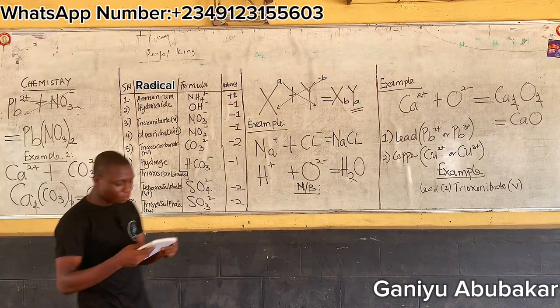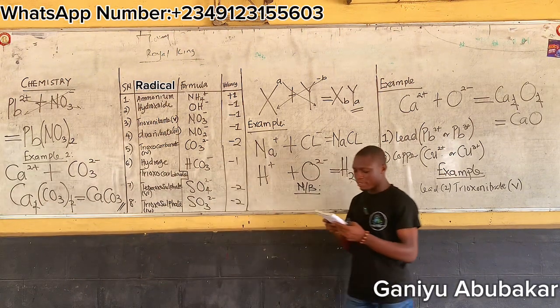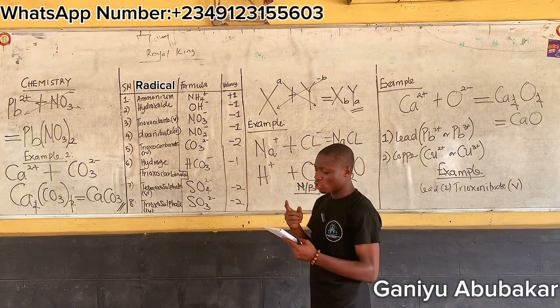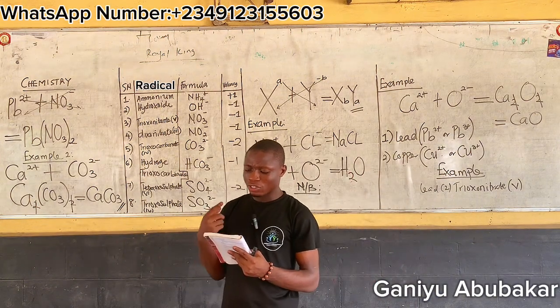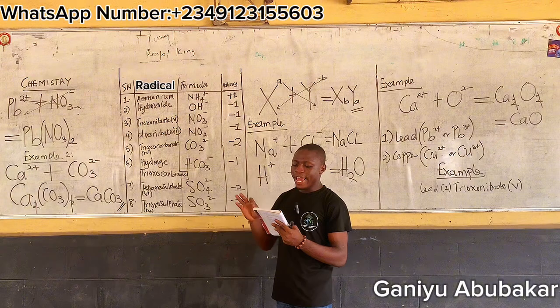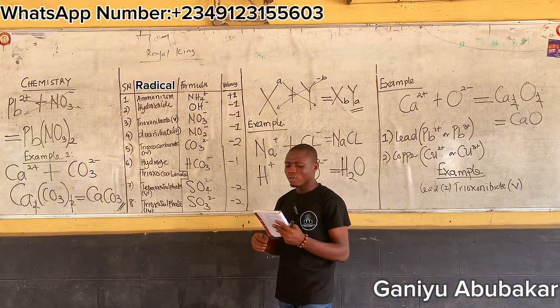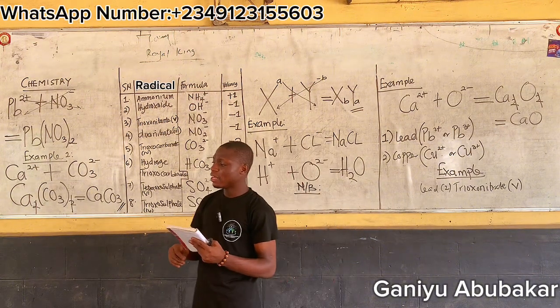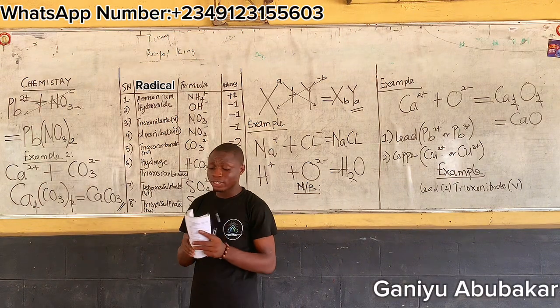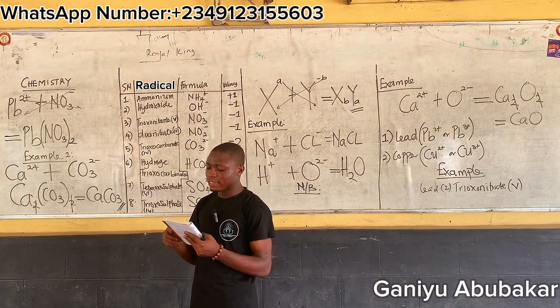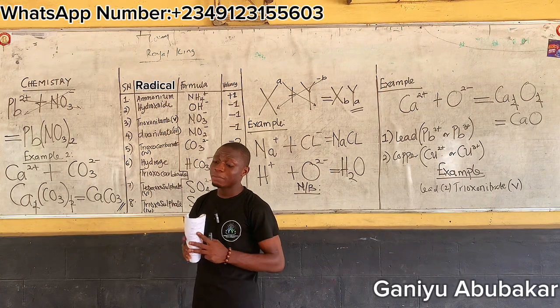All right. This JAMB question says, so this is 2002. Assignment number 1 says, A is an element with atomic number 11. Please, what's the element?